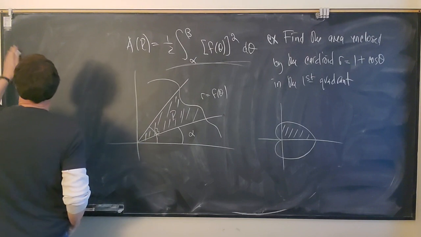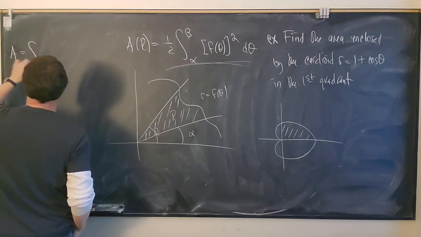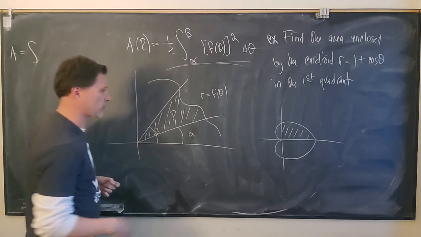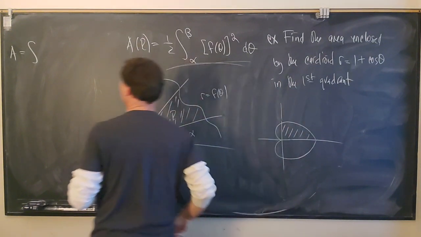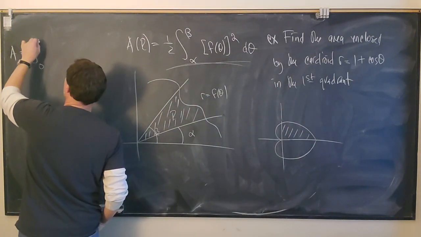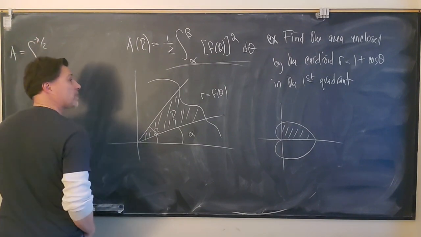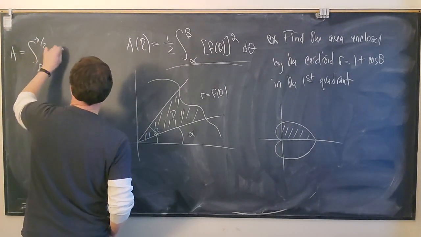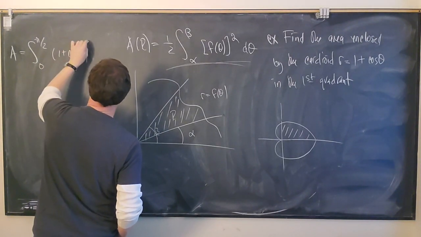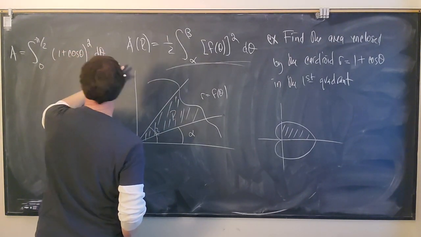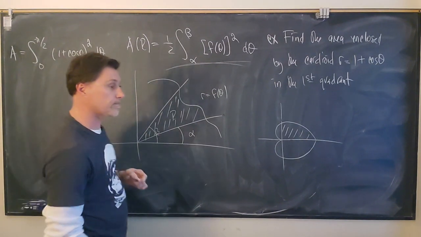And so what we're going to get is that the area equals, if we want to be in the first quadrant, then we're going to go from theta equals 0 up to theta equals pi over 2. So we'll have 0 to pi over 2. Then we take our polar curve, that's 1 plus cosine theta, square the result, d theta. There's the integral that computes this.